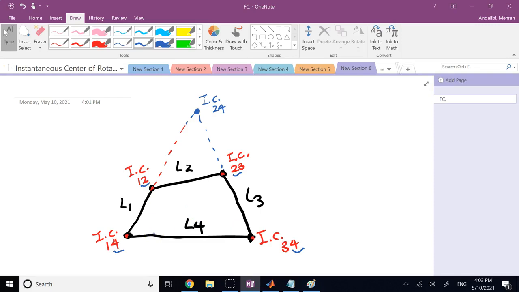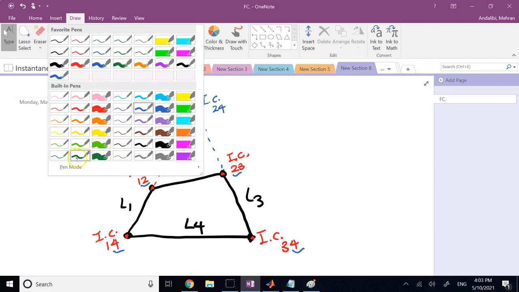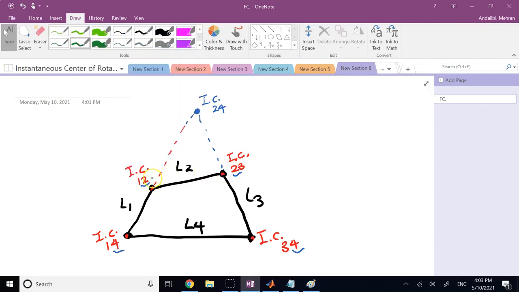For example, here, if you connect these two, you see 1, 2 and 2, 3. What they don't share between 1, 2 and 2, 3 is what? They both share 2. So if you connect these two now, they have 1 and 3. So if you connect this line, 1, 3 should be on that. Also, these two the same. They share 4.